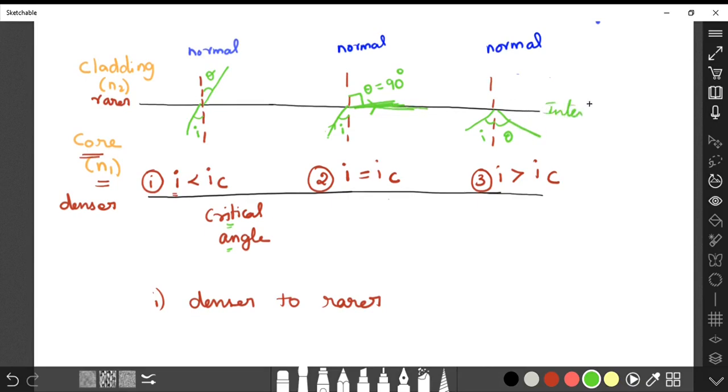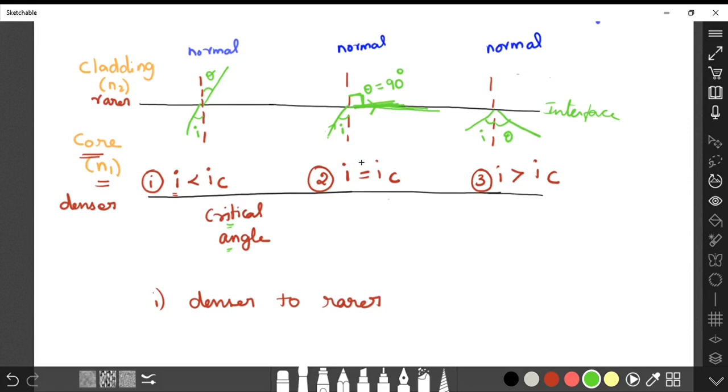So the refracted ray is traveling along the interface between core and the cladding. Now the angle of refraction theta is equal to 90 degree. So now we can explain the critical angle. Critical angle is the angle of incidence for which the angle of refraction will be 90 degree. This is called critical angle.